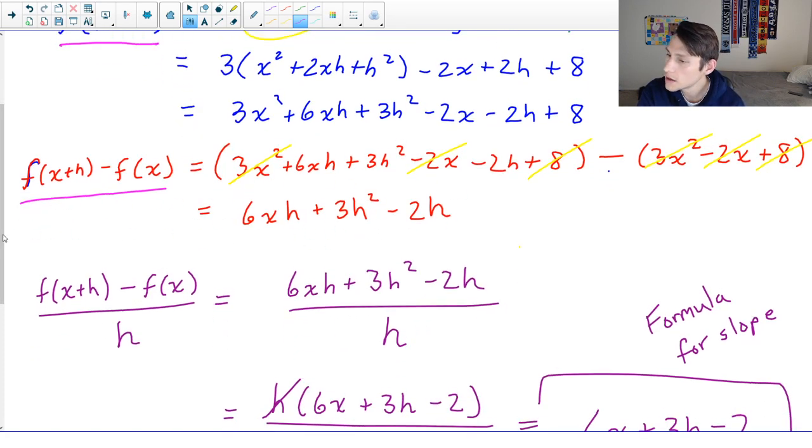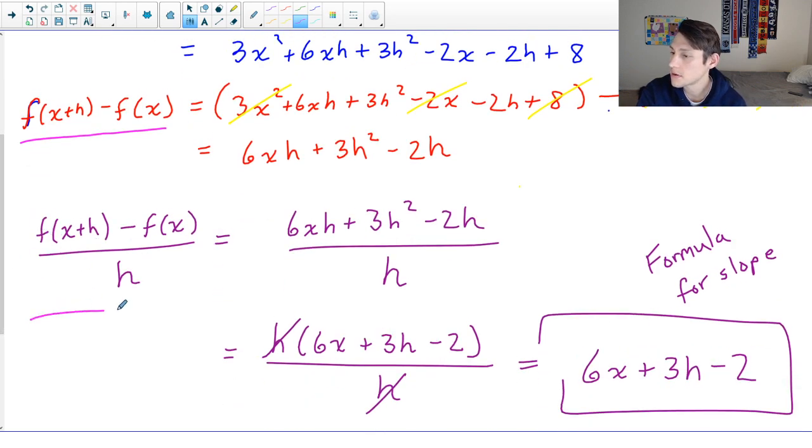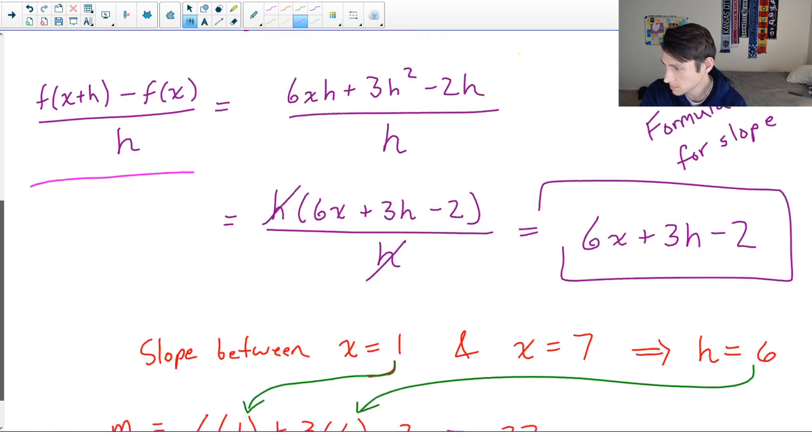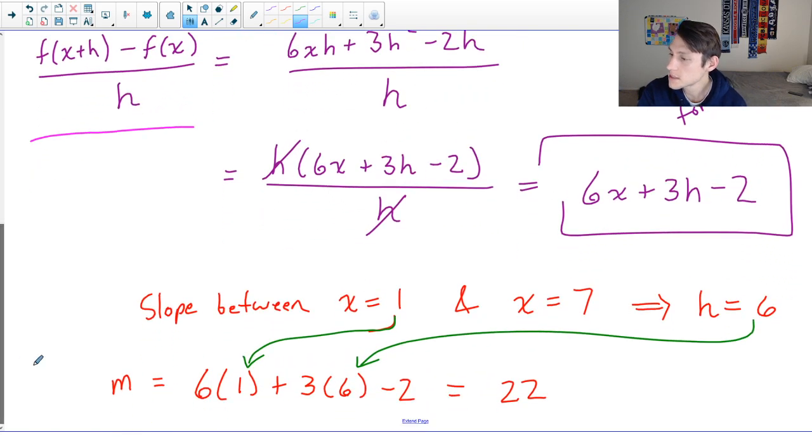Third step, take that and divide it by h. And we ended up with, in this case, 6x plus 3h minus 2. And we use this to find the slope. So for example, let's find the slope between x equals 1 and x equals 7. Because the difference quotient is an equation to find what the slope is.